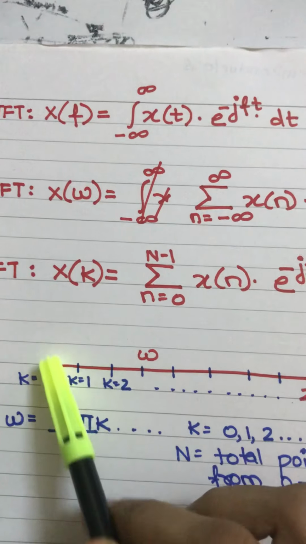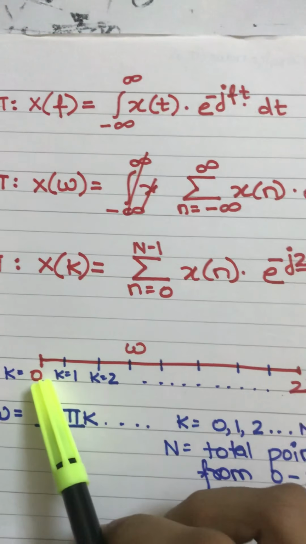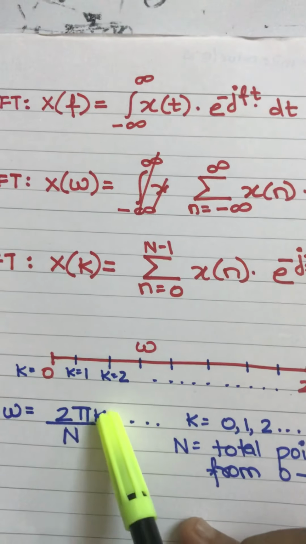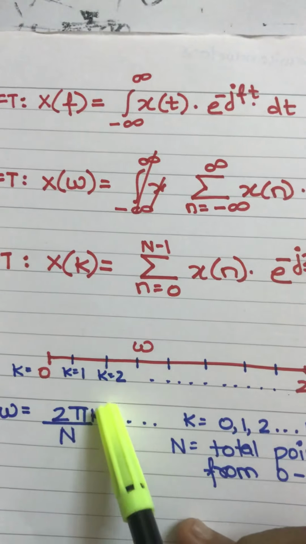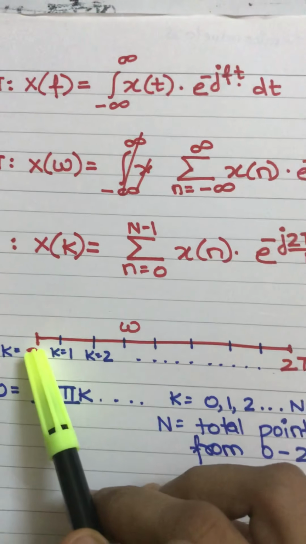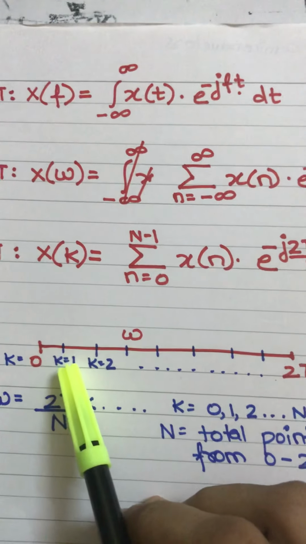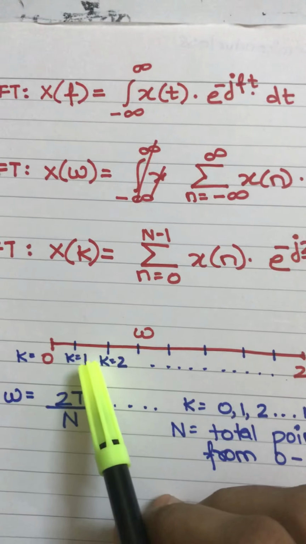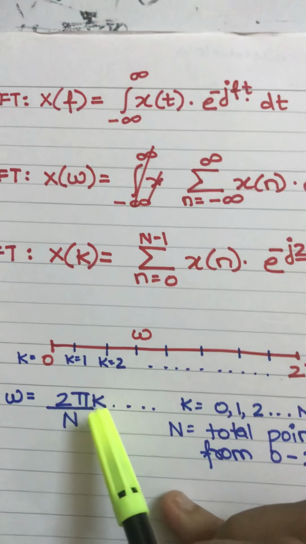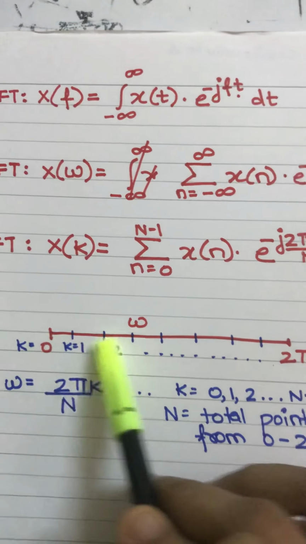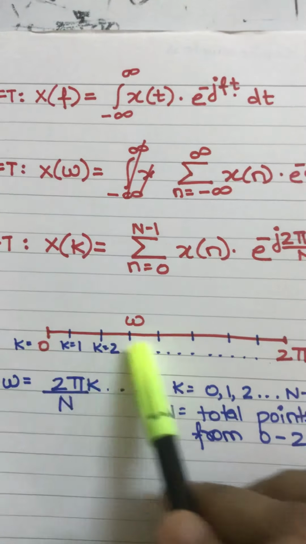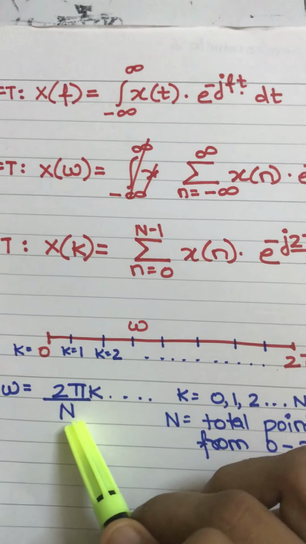The first sample is at k equal to 0. When I substitute k equal to 0 here, what will I have? Omega is equal to 0. Then the second sample is at index k equal to 1. If I substitute k equal to 1 here, and let us say I have taken 8 samples in the range from 0 to 2 pi, then 2 pi by 8 is pi by 4.